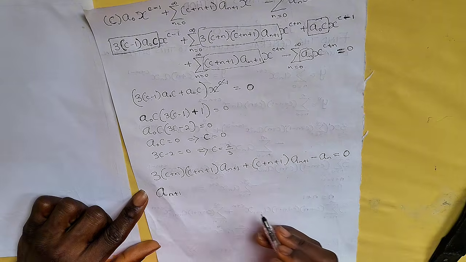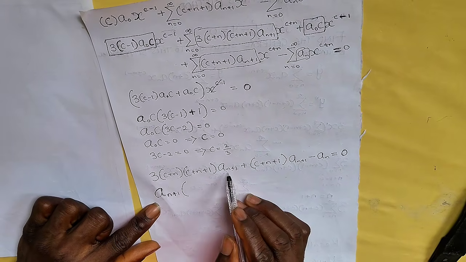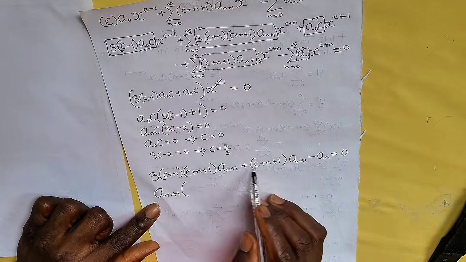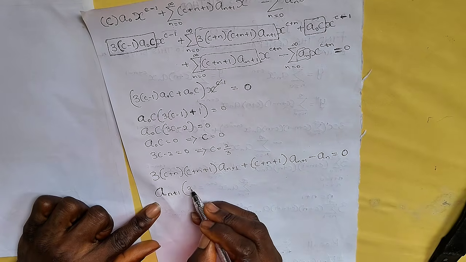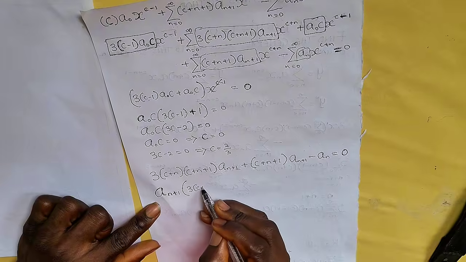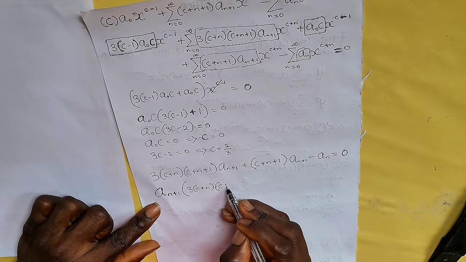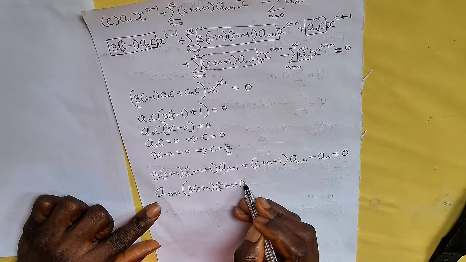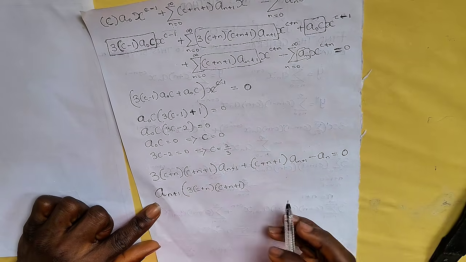Okay, let me take it step by step so we will not be confused. Let me say I want to factorize a n plus 1 out from these two. So what will I have? I'm going to have 3 c plus n, c plus n plus 1. When I factorize this out, I'm going to be left with these guys alone.